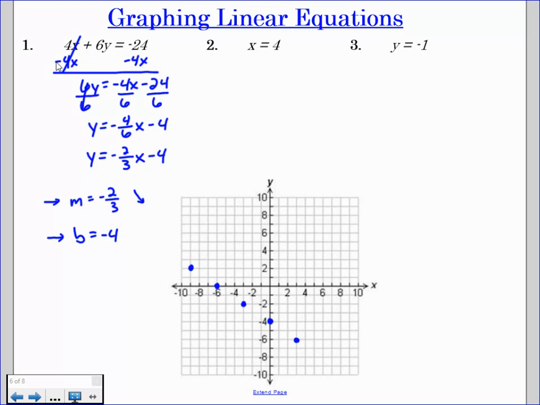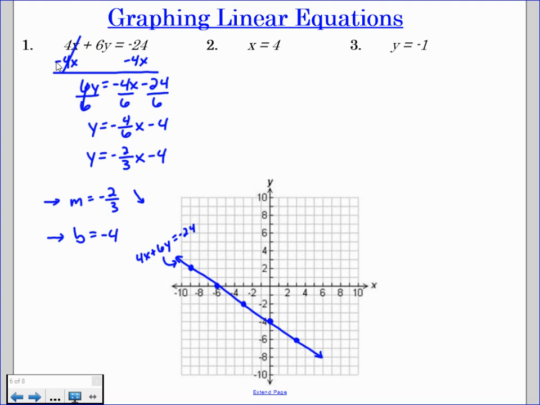So my line here is going to look like this. That is the graph of the line of 4x plus 6y equals negative 24. Is this line right here.